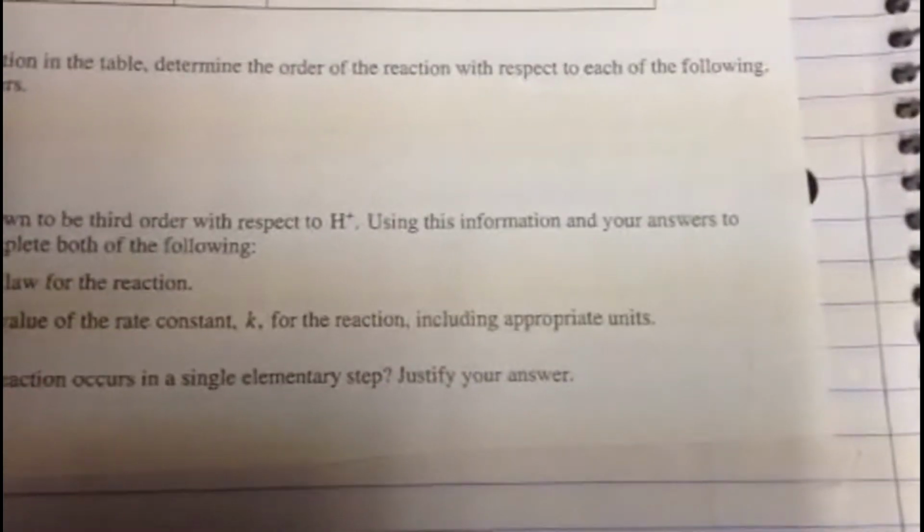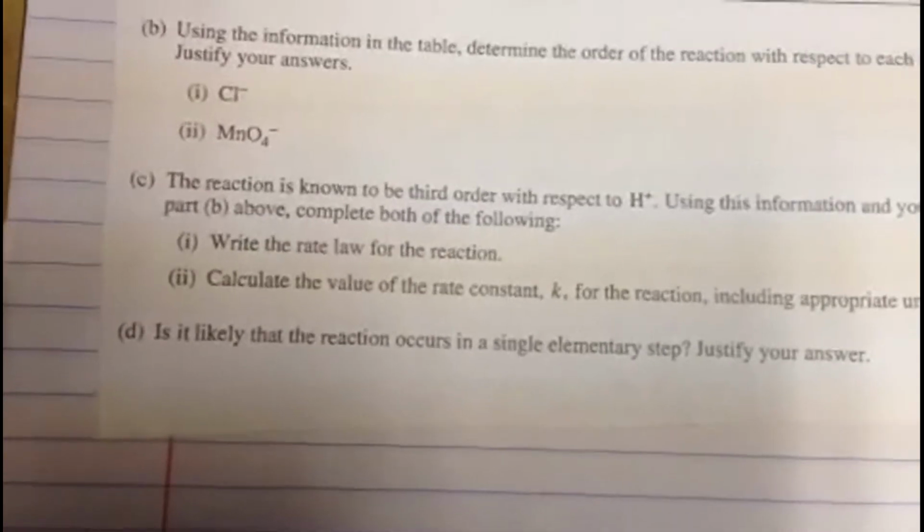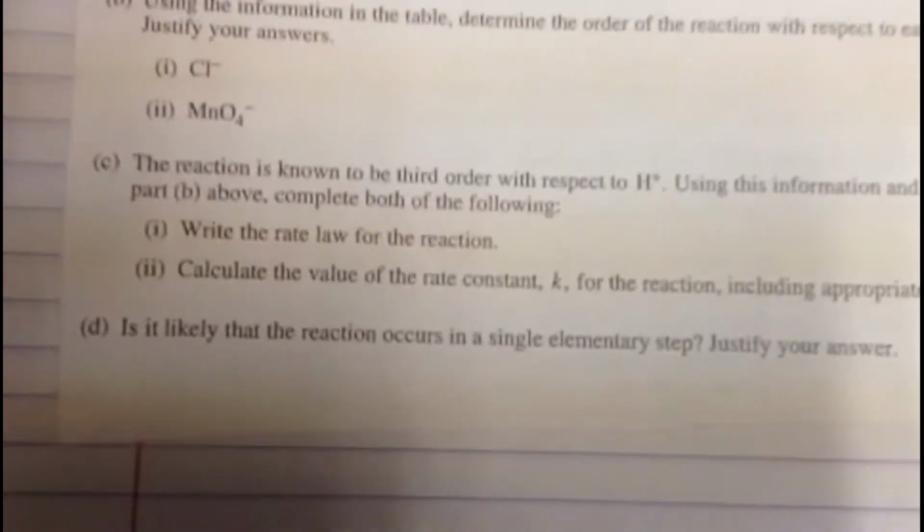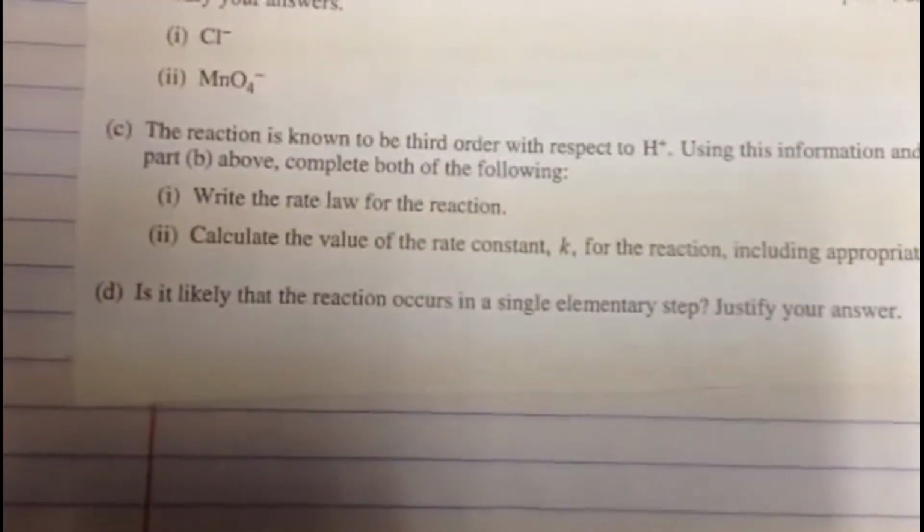Using the information in your answers to part B above, complete both of the following. The first one is write the rate law for the reaction. So pretty much all you do for that is you plug in the orders you found.